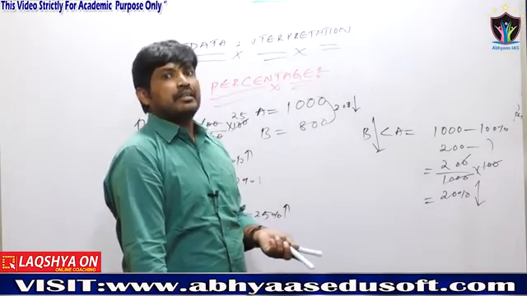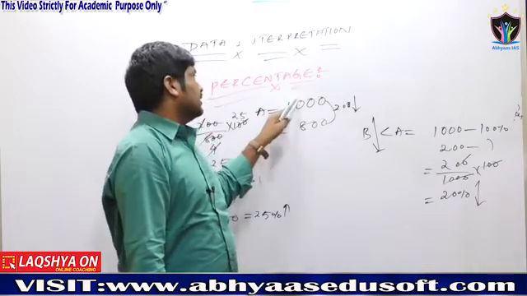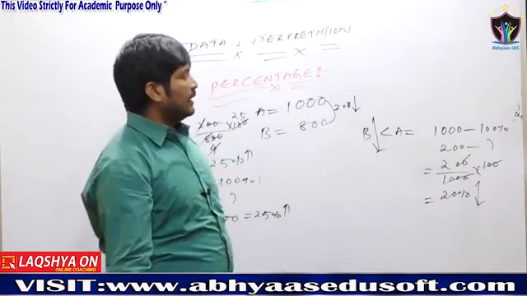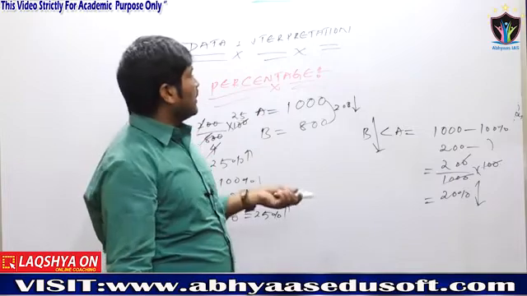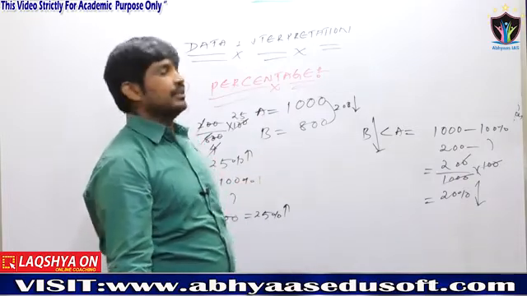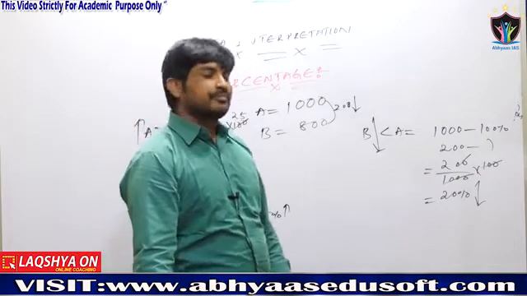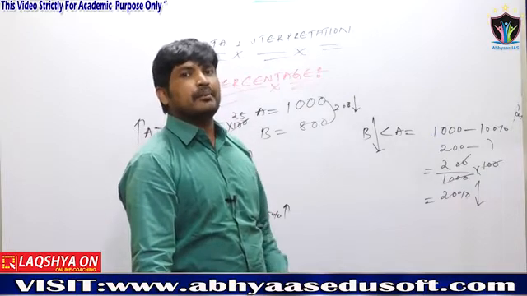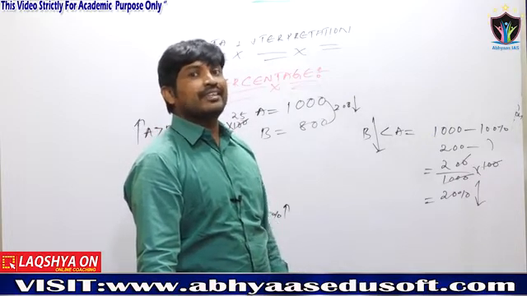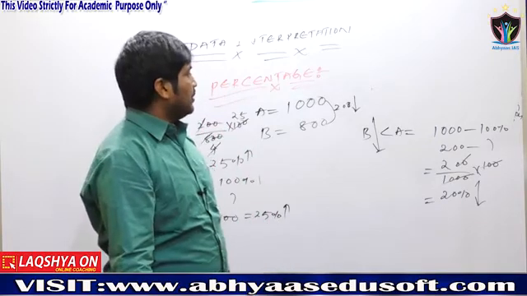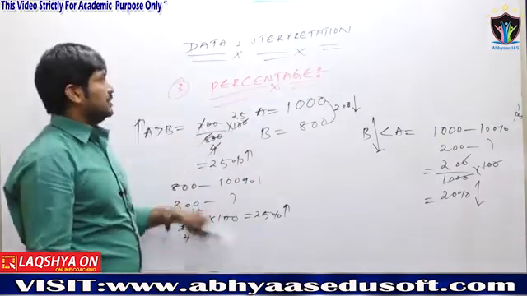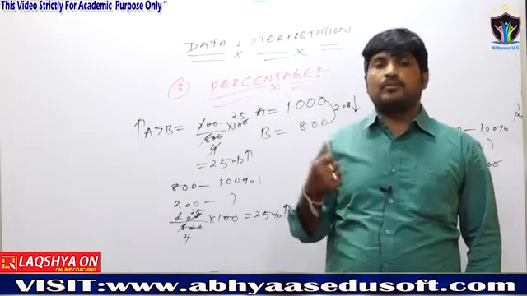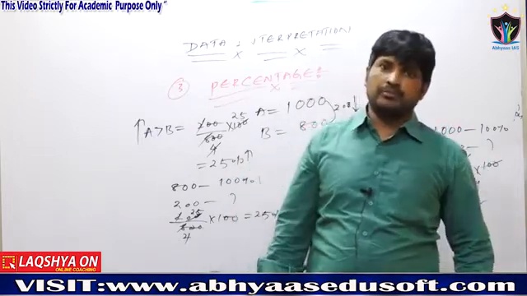When the question asks how much percentage less, take the difference in the numerator and the greater value in the denominator, and simply multiply by 100. In such a style we can calculate percentage, right? Right, now let us do the problems one by one.